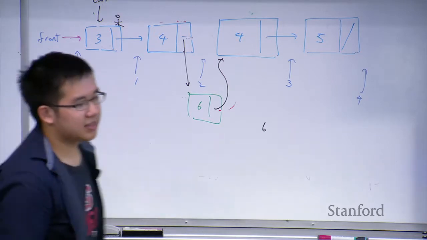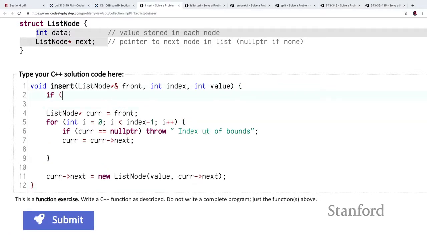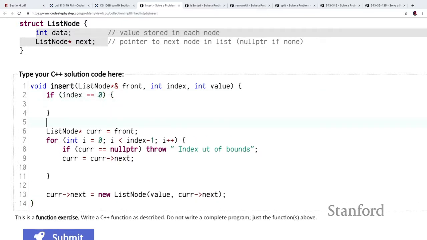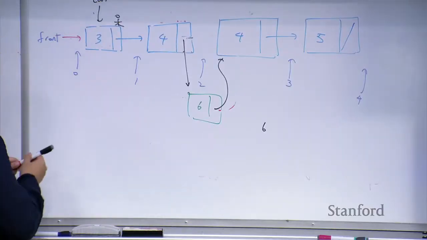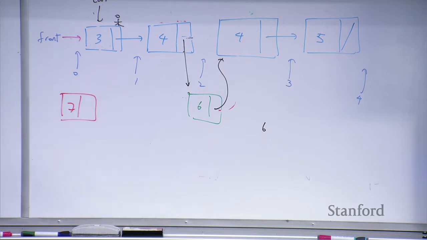Okay, so how we do that is let's make that a special case in the front, which is specifically if you want to add at index 0. So if index is equal to 0. Okay, how do we add at index 0? Let's add a new node here. 7. Okay, how do we add at index 0? Yes.